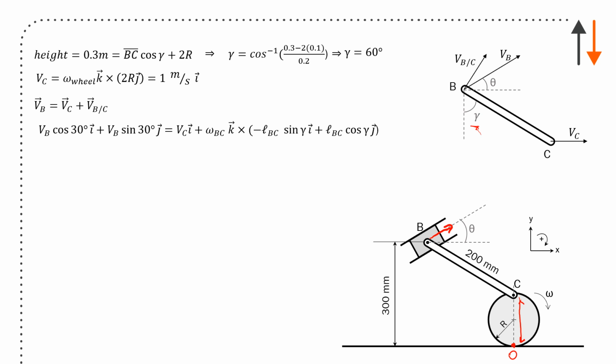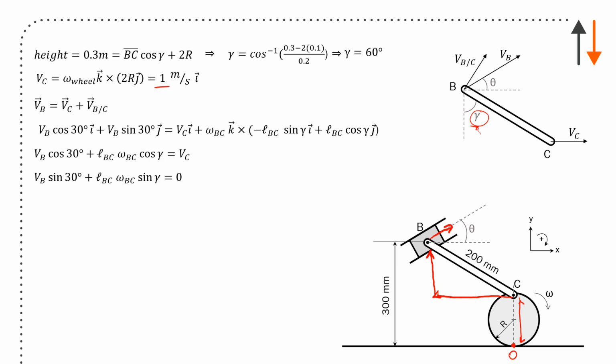So using the coordinate system shown, and the reason why we give you these coordinate systems often is to help you, I can say velocity of B is equal to VB cos 30, which is theta, VB sin theta, which is 30 again, velocity of C, which I've just calculated over here, plus omega BC crossed with minus LBC sin lambda, so this distance here, plus LBC cos lambda, and lambda is this angle here. Sorry, lambda, I keep wanting to call it gamma.